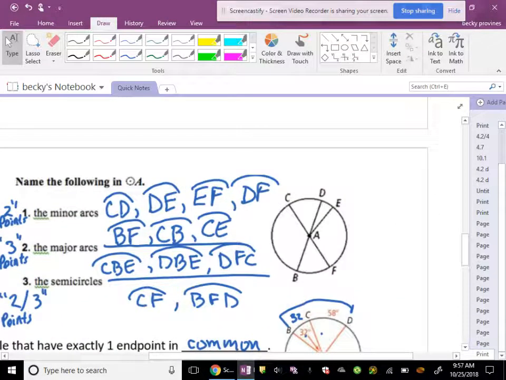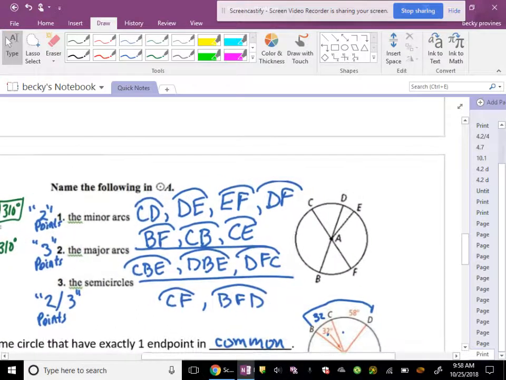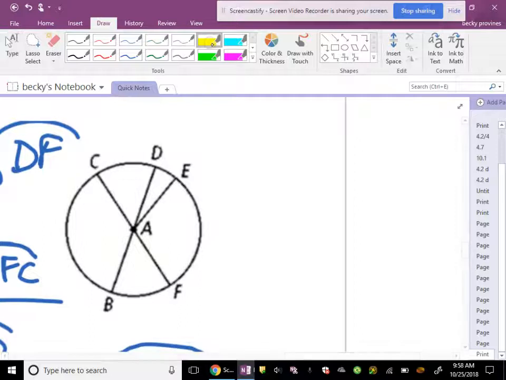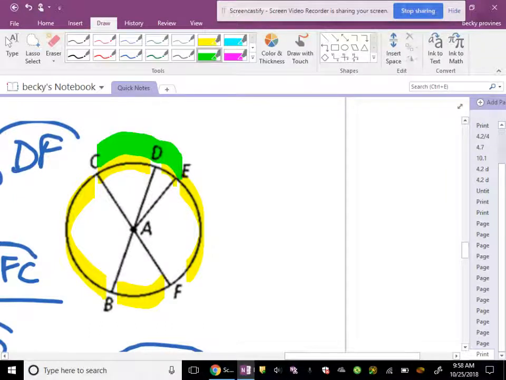Okay, now, minor arcs. When you look at this, there are lots of minor arcs. That's a minor arc. That's a minor arc. That's a minor arc. That's a minor arc. Now you could start combining them, like C to E. That's a minor arc.